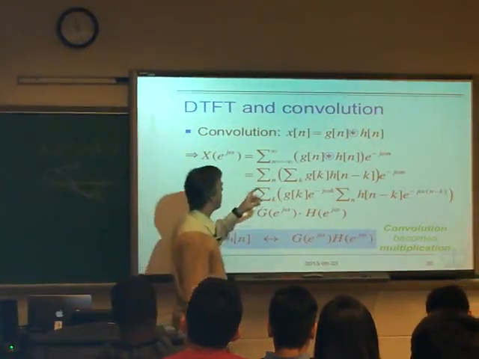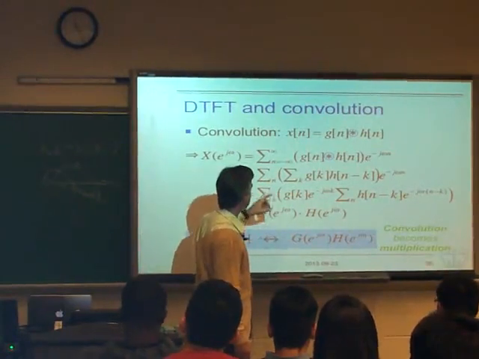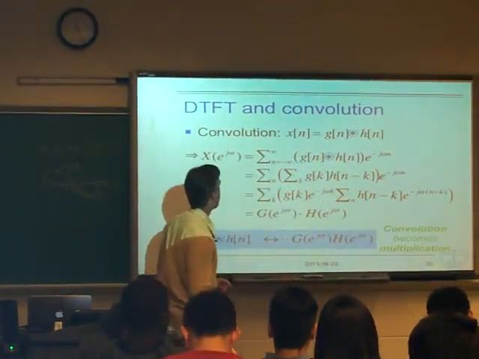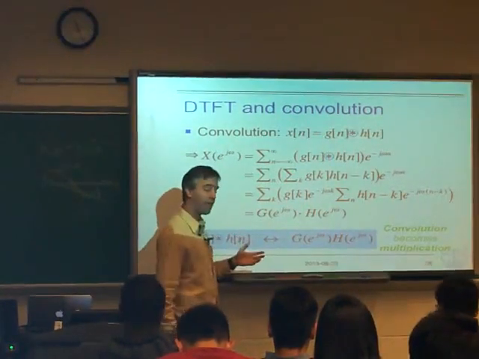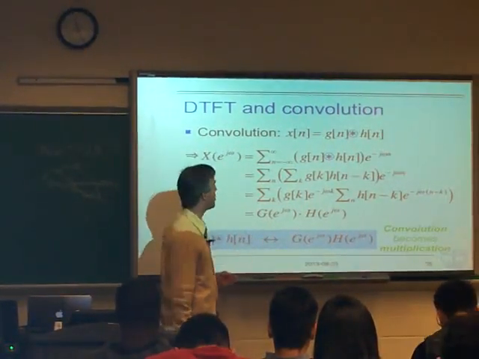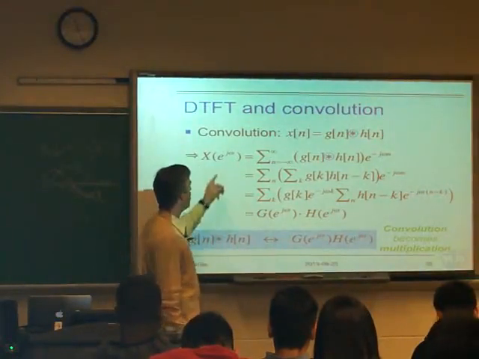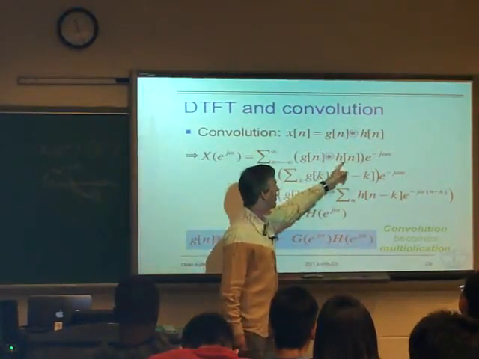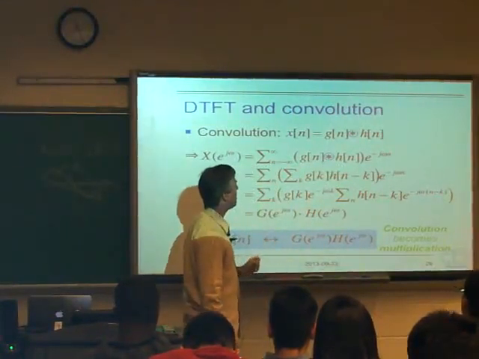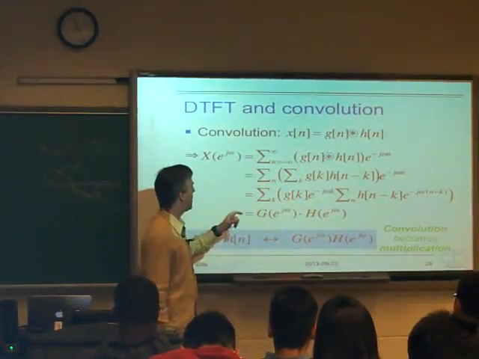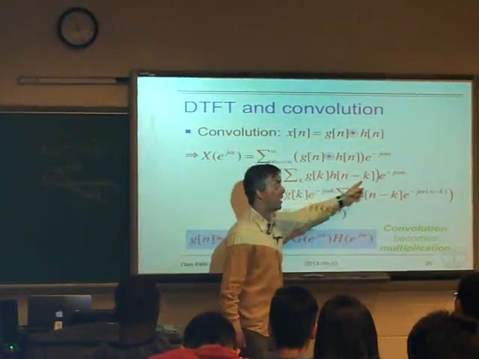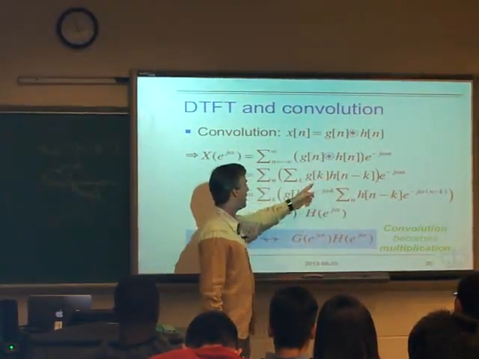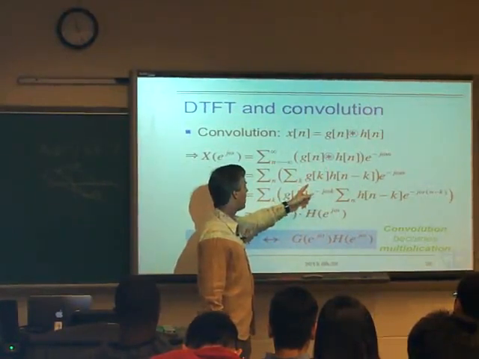So let's say that x of n is the convolution of two sequences, g of n and h of n. What's the Fourier transform of this convolution, x of n? Here's our DTFT expression, and we've substituted in the actual convolution summation, so we don't have to use the convolution symbol anymore.